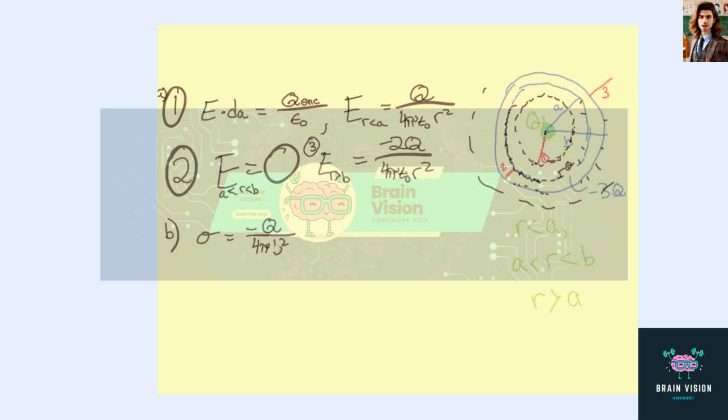Nope, the inner shell was the a shell. So 4 pi a squared. This is for inner.